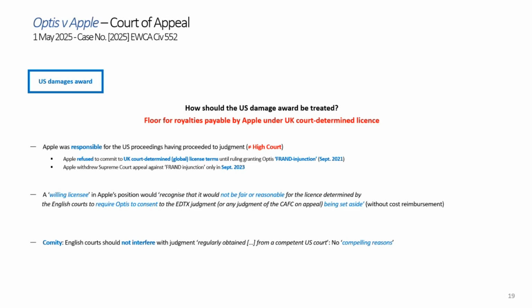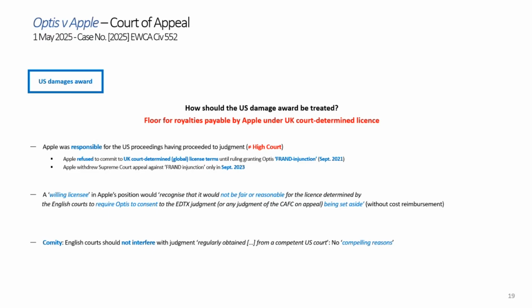And why is that? The main reason why the court decided that this is proper here is because it saw that it was Apple's fault that the proceedings in the US went so far as to have an award and to have a final judgment.